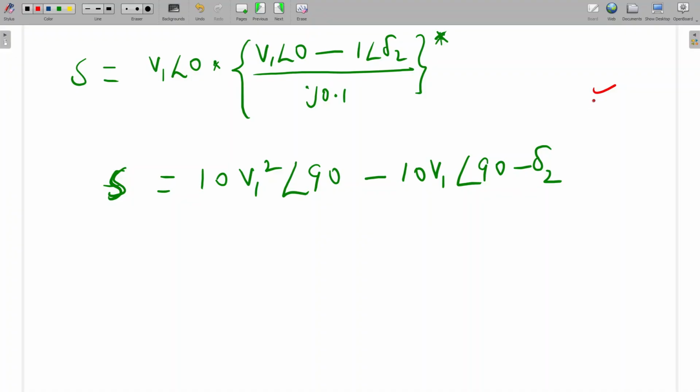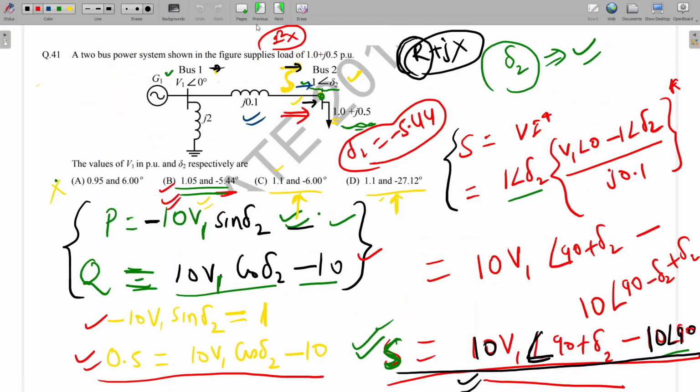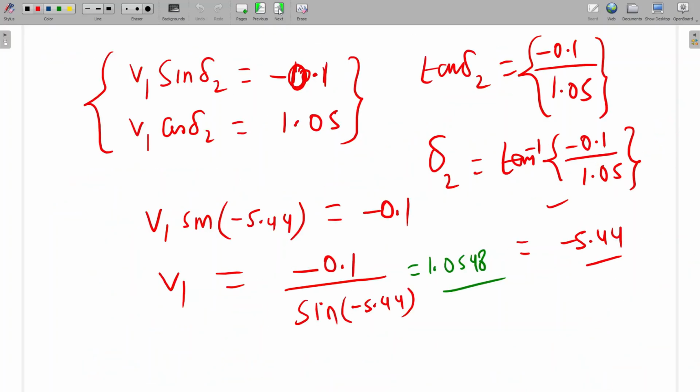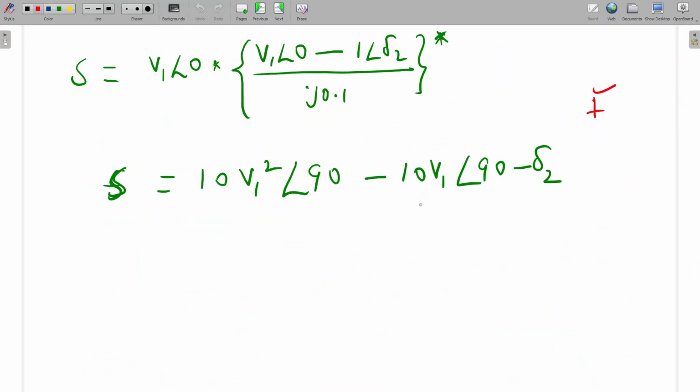Delta 2 was negative or positive? It is showing as positive, but we are getting delta 2 negative. Okay, so correct only.